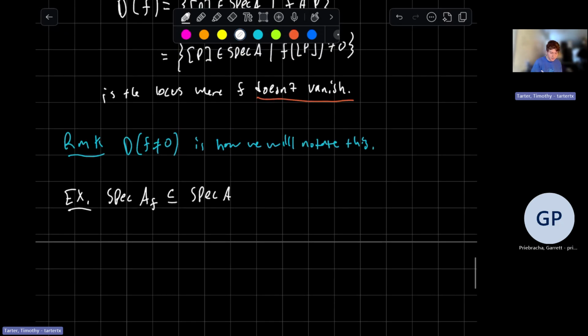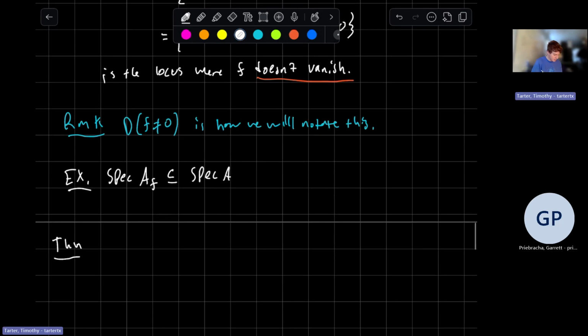Theorem: the set of all distinguished opens form a base for the Zariski topology.